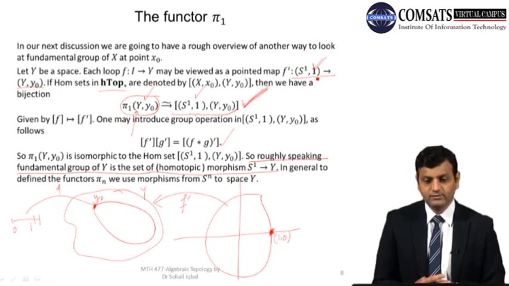So the fundamental group is basically a hom set, and we can also define multiplication on that hom set. So in general, we can define functors pi n, using morphisms from Sn to the space.